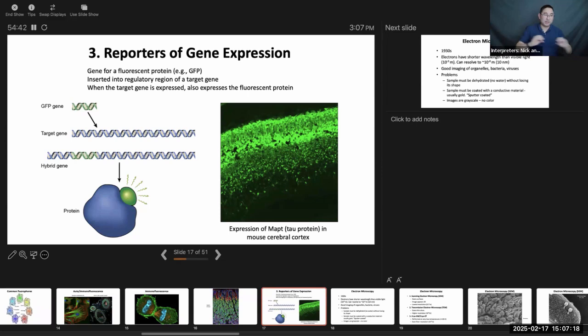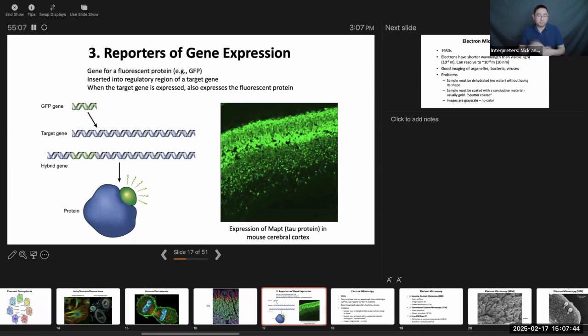This is designed to detect when a particular cell is expressing a certain gene. That's something that's often of interest to biologists. They want to know which cells express gene X, or at what point in their development does this group of cells express gene X? And then at what point do they maybe stop producing gene X?